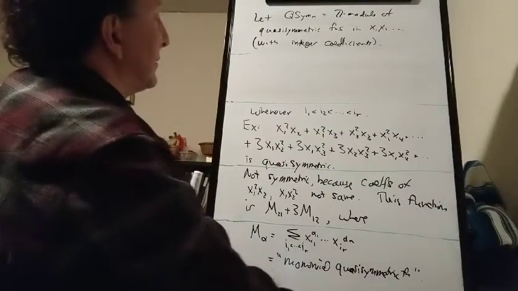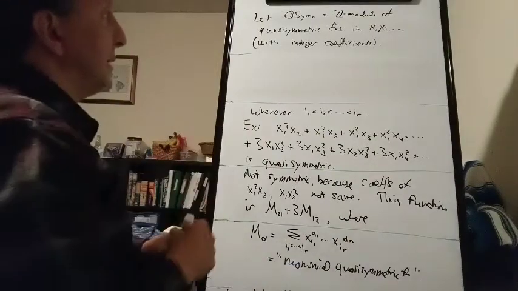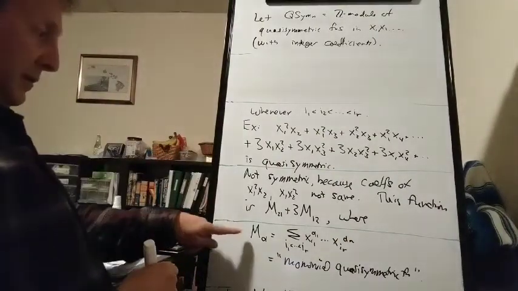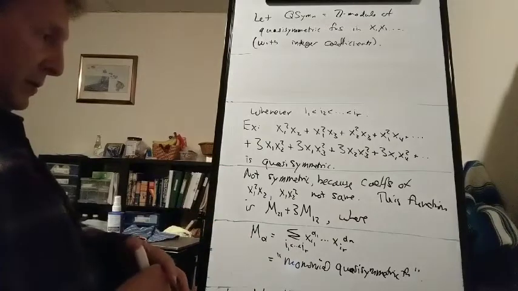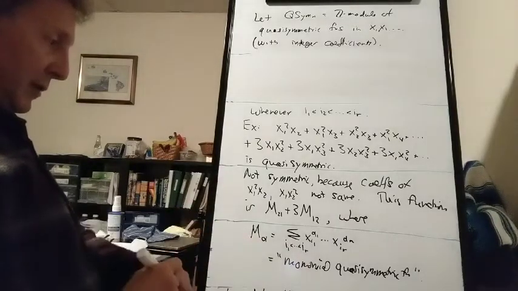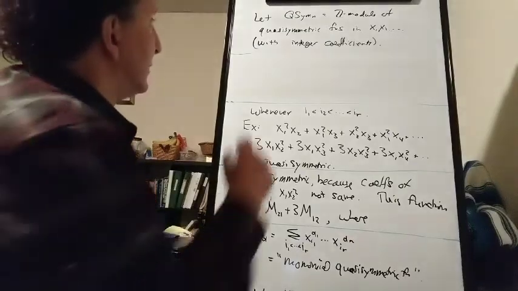The most natural basis of QSym n is the basis of all monomial quasi-symmetric functions where we let alpha vary over all compositions of n.